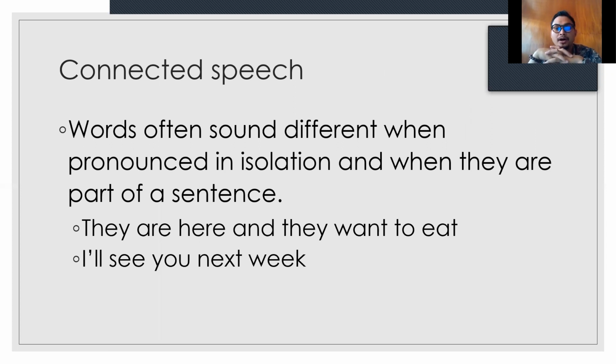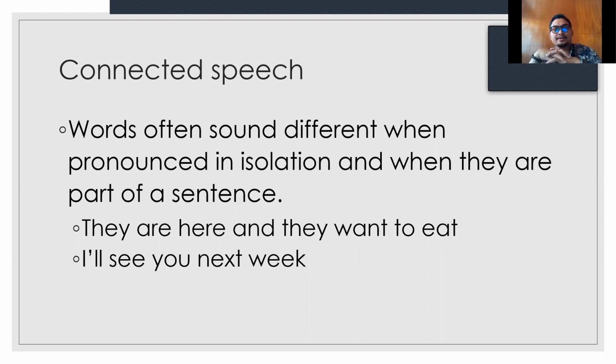In isolation, you may pronounce it as "off", but in a part of a sentence, you can pronounce it quicker by using schwa. Hope you still remember that material.